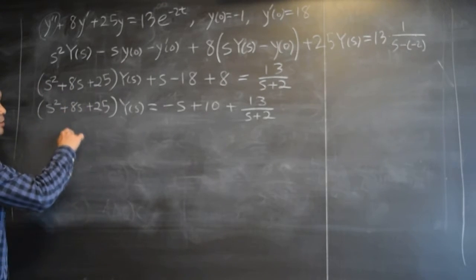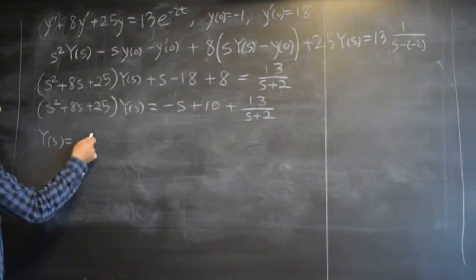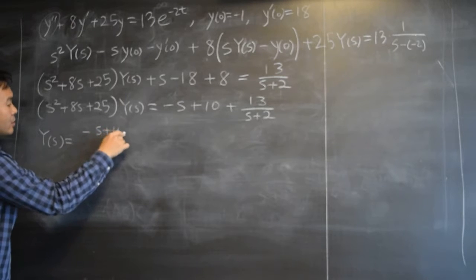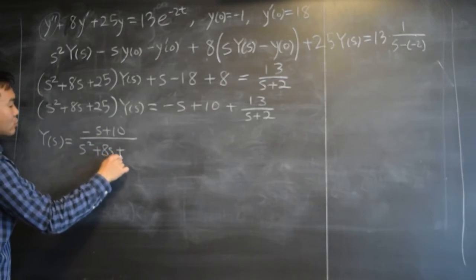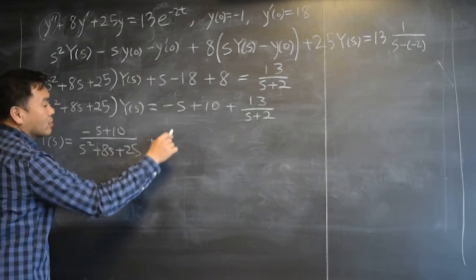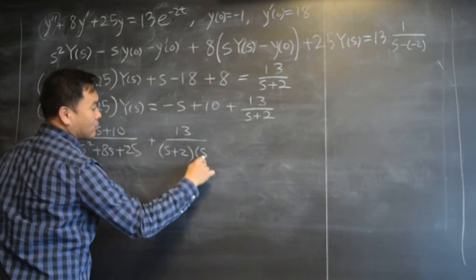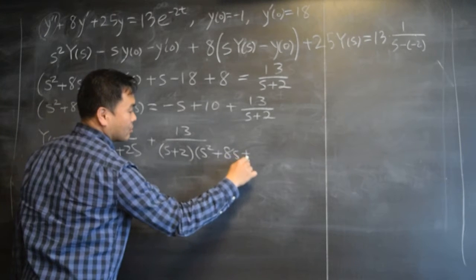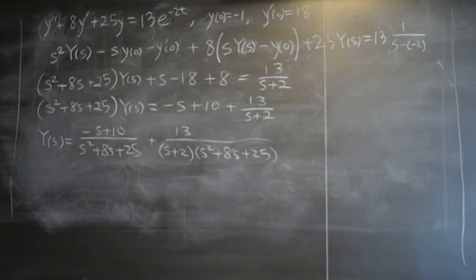And then you divide over to the other side, giving you Y of s equals negative s plus 10 divided by s squared plus 8s plus 25, and plus 13 over s plus 2 times s squared plus 8s plus 25. Okay, so both terms are divided by s squared plus 8s plus 25.